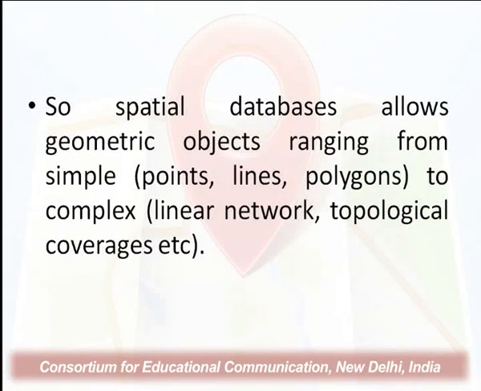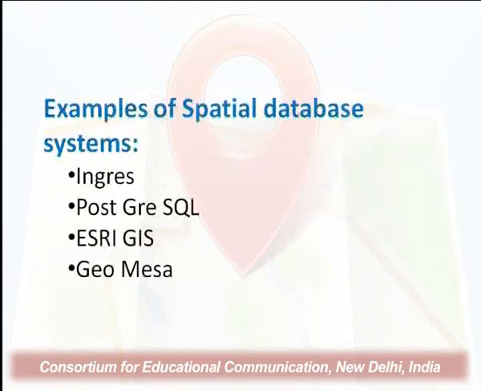Technically, spatial database allows geometric objects from simple to complex, that means ranging from simple objects which are points, lines, and polygons to complex which are linear network or topological coverages. There are many databases available in the market, where the common examples are Ingres, PostgreSQL, Esri GIS, GeoMesa.